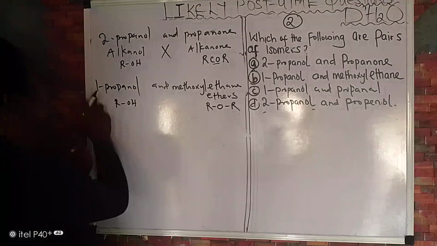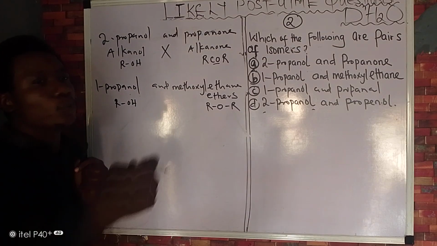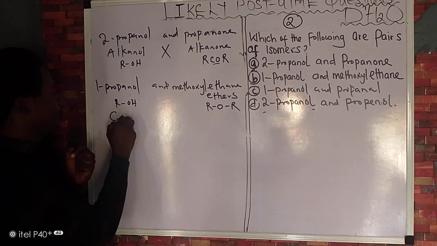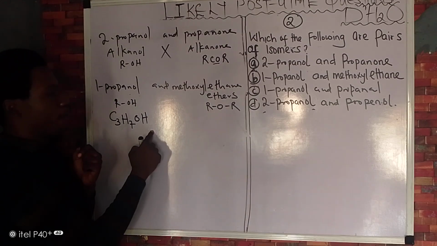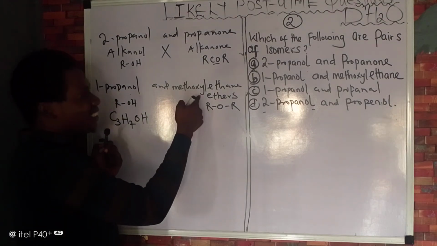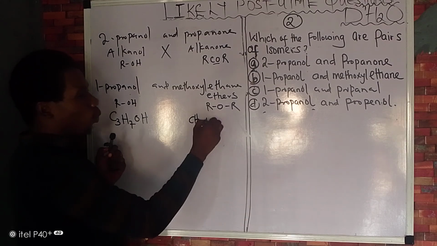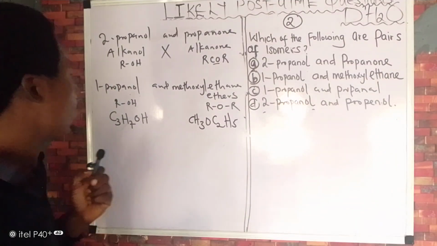Watch this carefully. If you want to write your 1-propanol, also called propan-1-ol, you write it this way: C3H7OH. This is your propanol. Now, if you want to write methoxyethane, methoxy, CH3O, C2H5. Let us count the number of carbon atoms.